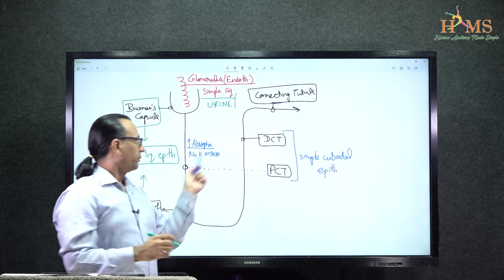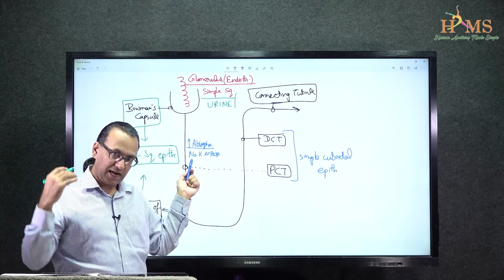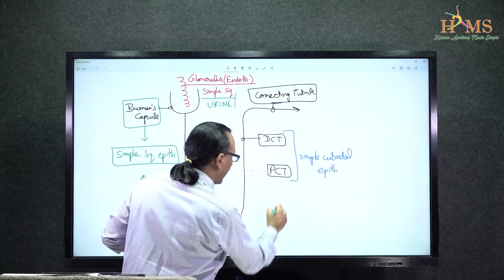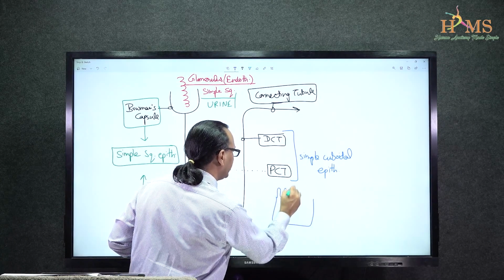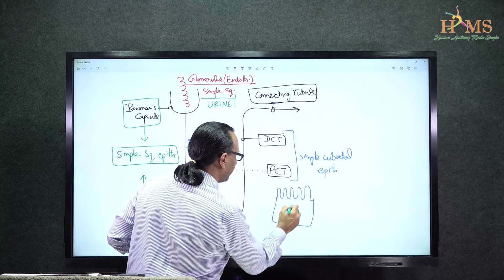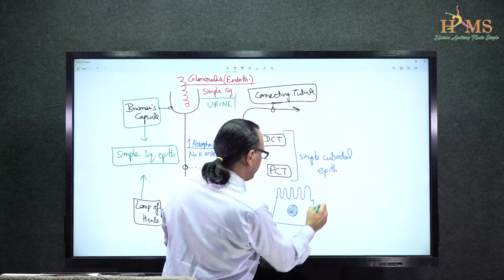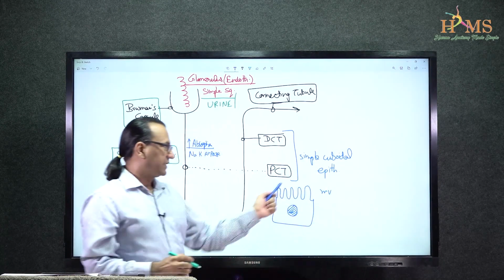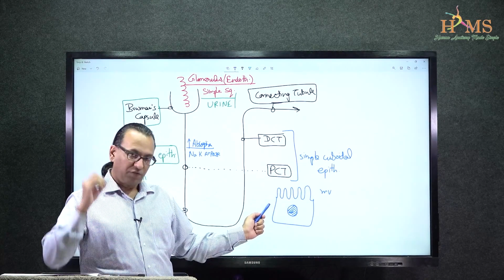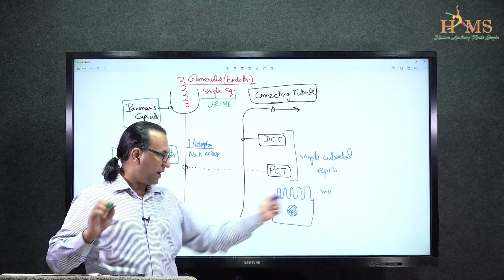So most of the absorption keeps occurring in the PCT, which has more microvilli. So here you see it is a central spherical nucleus, but a lot of microvilli. PCT is a simple cuboidal epithelium with brush border due to microvilli.